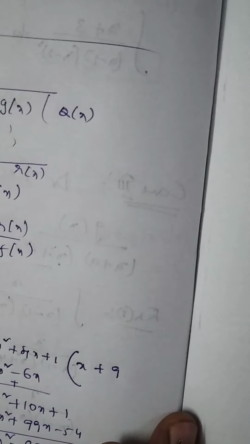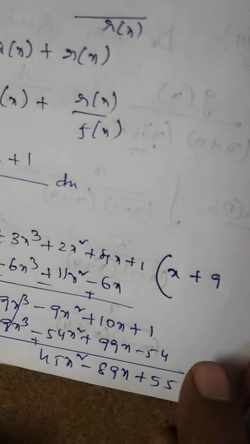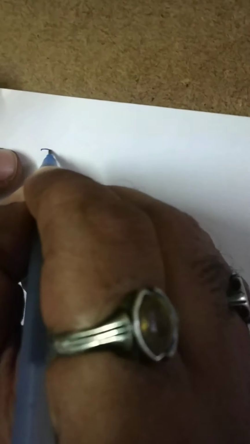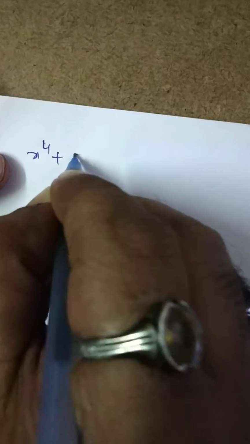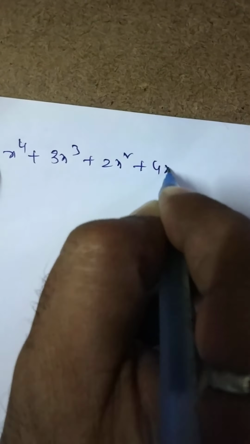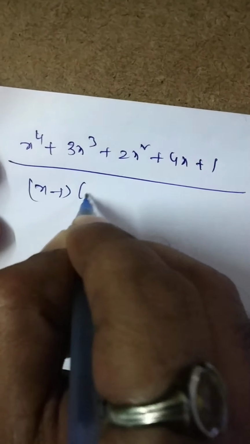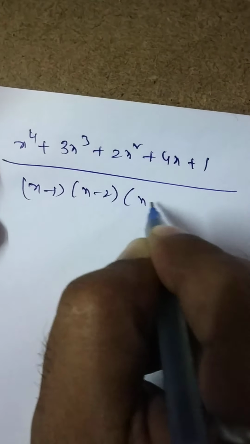Now if you observe, the degree of this is less than the divisor. So how am I going to write the given expression? What is actually given: x power 4 plus 3x cube plus 2x square plus 4x plus 1 by x minus 1 into x minus 2 into x minus 3.